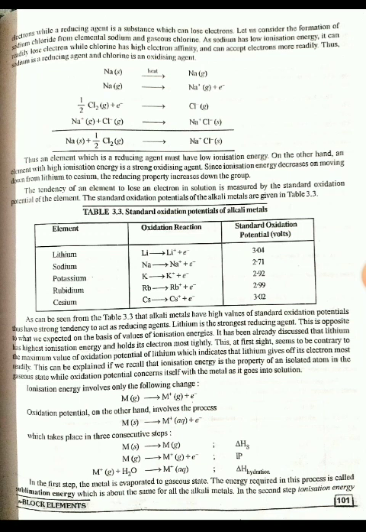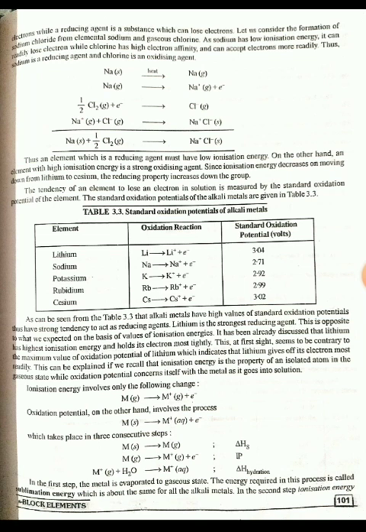Oxidation potential, on the other hand, involves the process metal in elemental state gives metal positive aqueous plus electron, which takes place in three consecutive steps. Metal gives metal gaseous, delta H sublimation. Metal gives metal positive plus electron, IP. Metal positive plus H2O gives metal positive aqueous, that is delta H hydration.